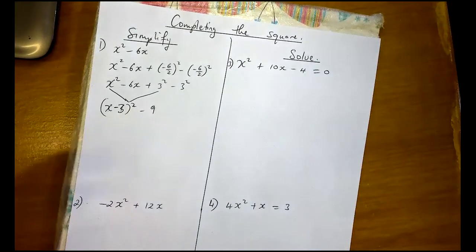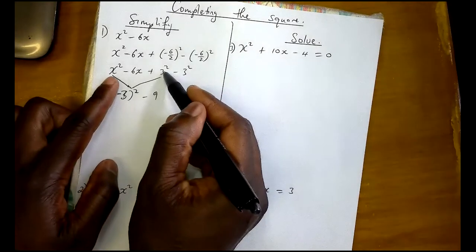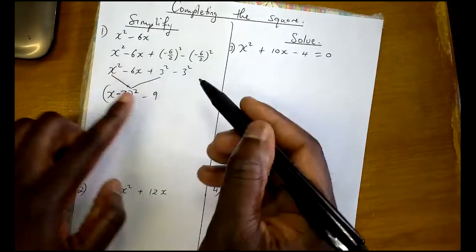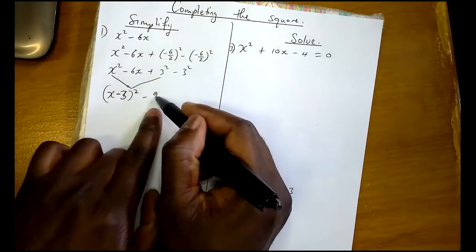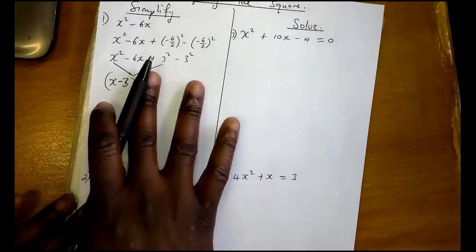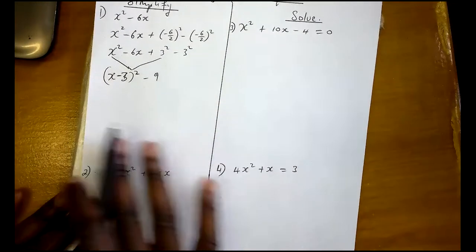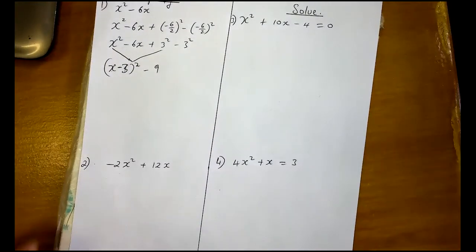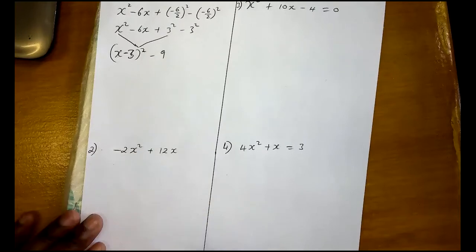That's what you get there. So you take the 3 here, you use it here to complete your square. Then this one here is left alone, it's going to be just 9 like that. That's how you deal with it. Now, you're just simplifying here. You're not solving anything.